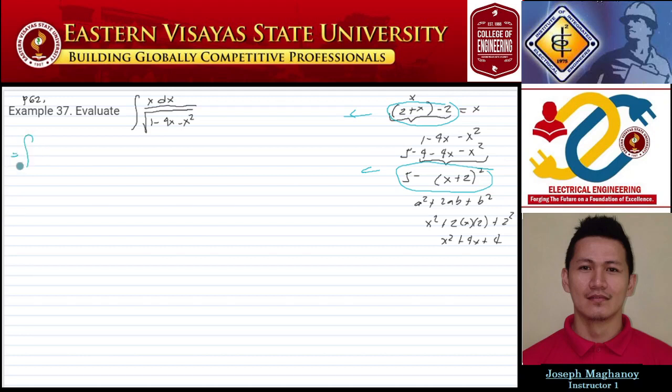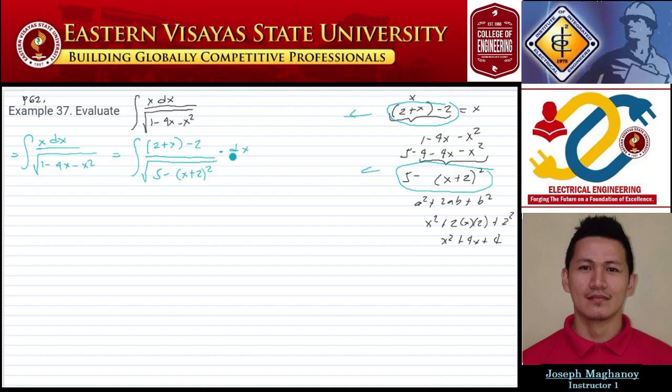Finally, our integral of x dx over the square root of 1 minus 4x minus x squared can be rewritten into the integral of quantity 2 plus x minus 2 dx, over the square root of 5 minus quantity x plus 2 squared, dx.